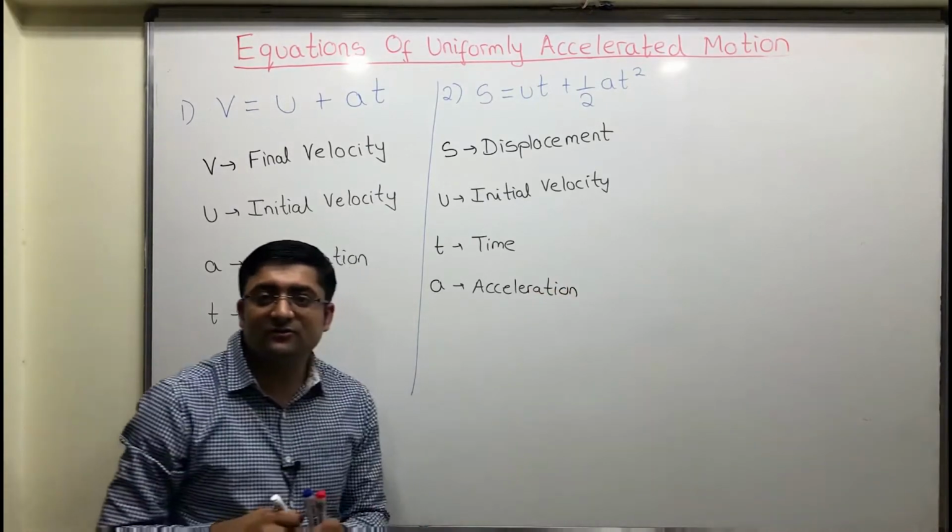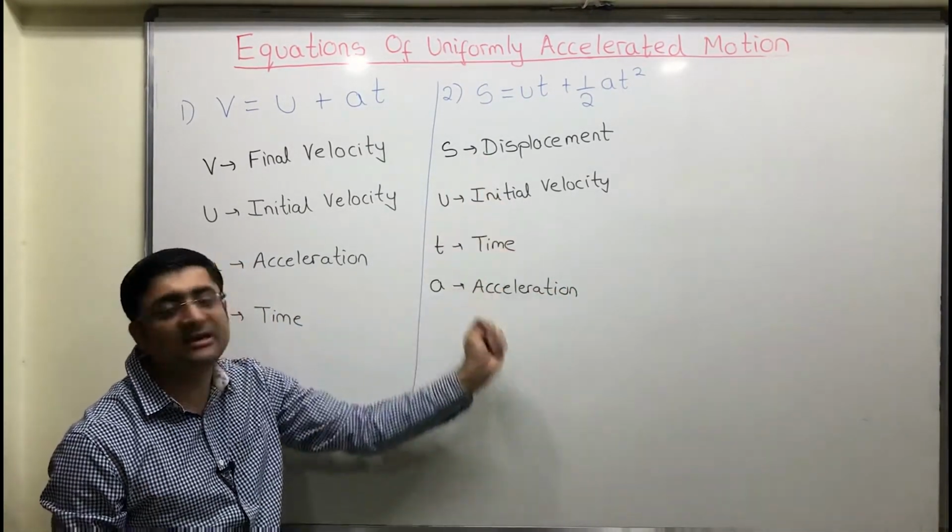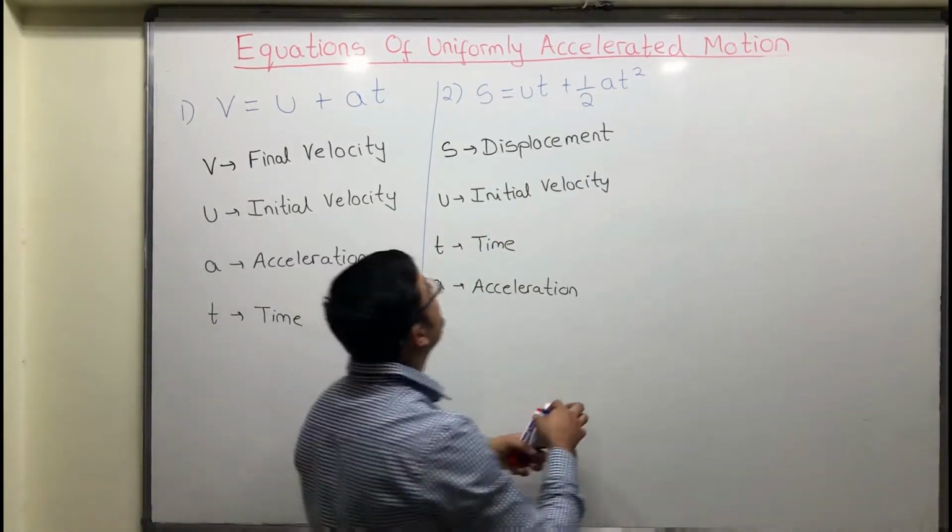So the second equation of motion is again relating four variables: displacement, initial velocity, time and acceleration. So I hope this is also clear.